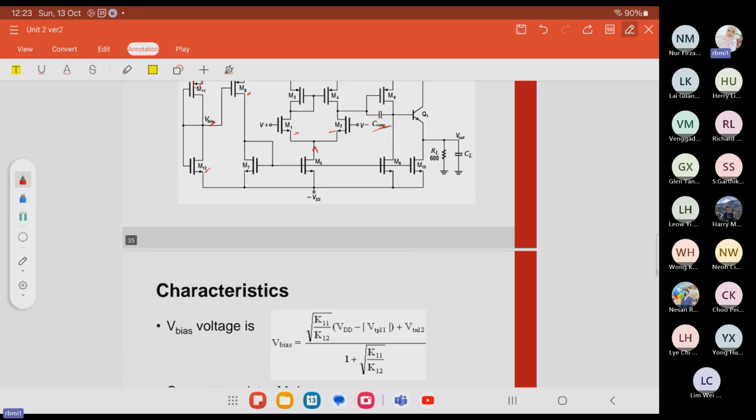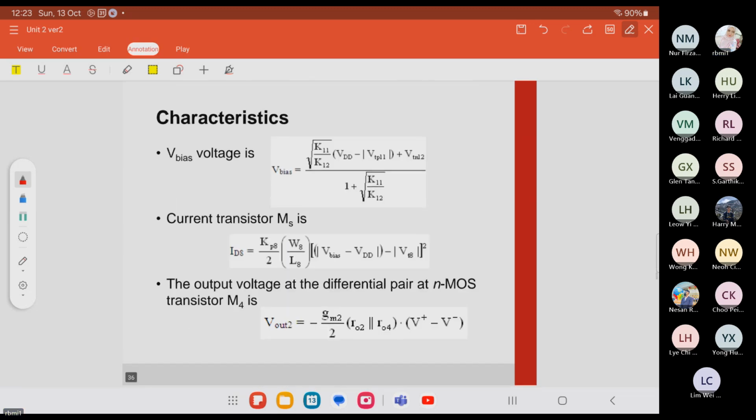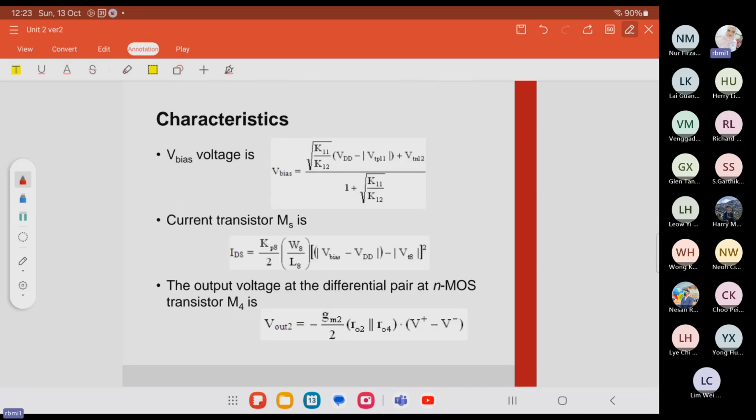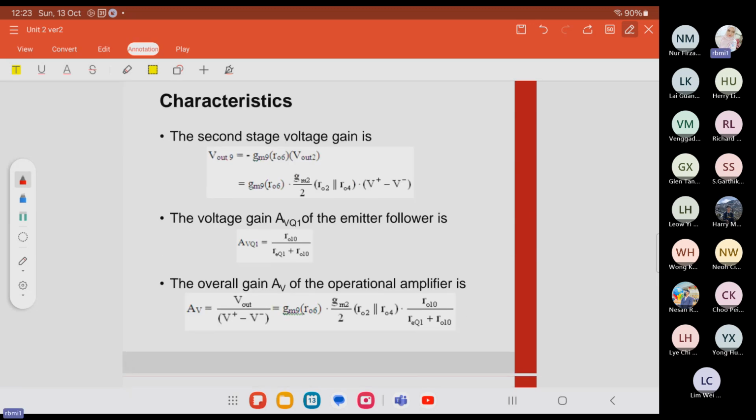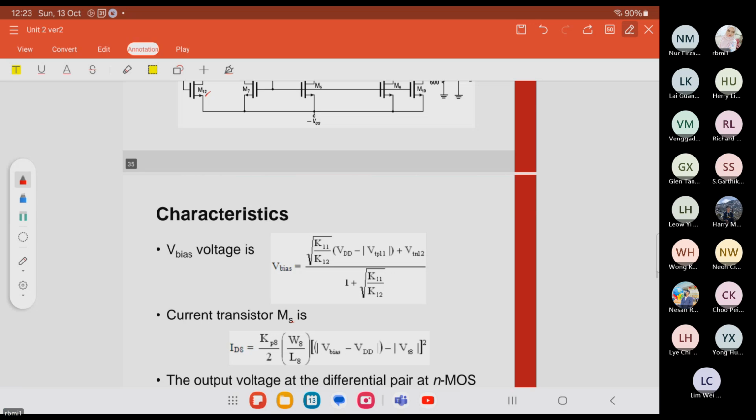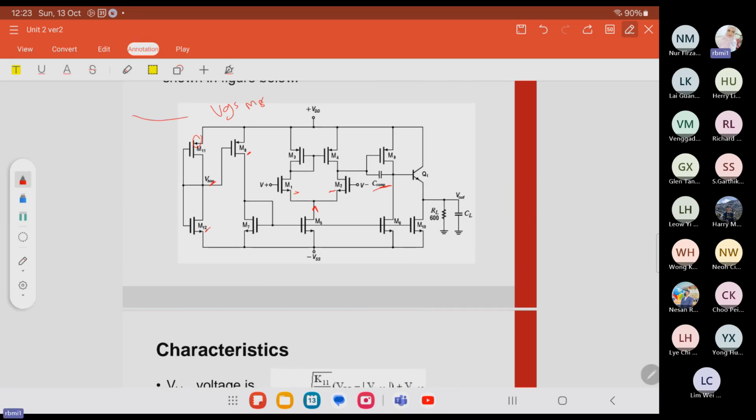Alright, let's see the characteristics. Okay, we have the Vbias for the current transistor for M5 and this is M4. Okay, this is the first stage, this is the second stage.